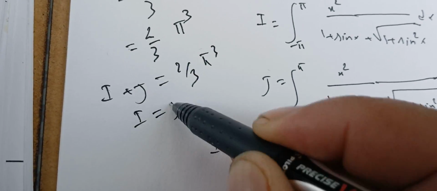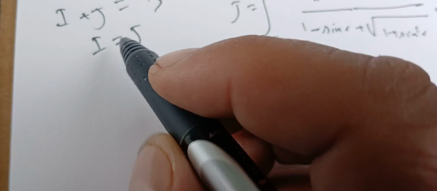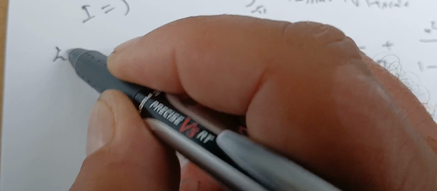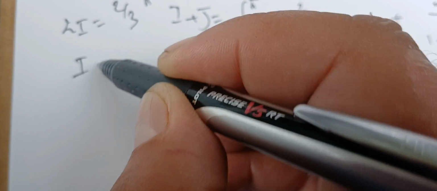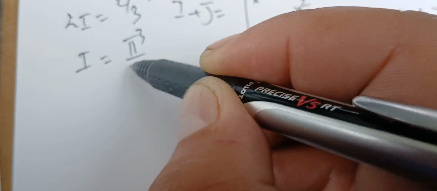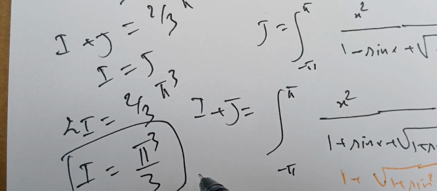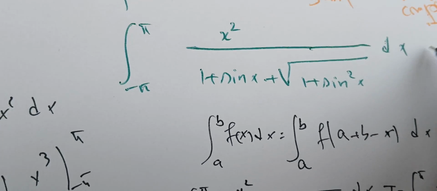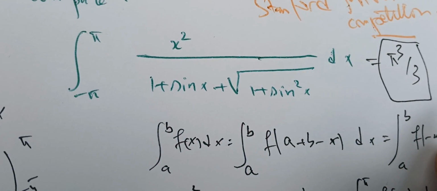But now I is equal to J, so I have 2I equals 2 over 3 pi cubed. That means I is pi cubed over 3. So this is the value of the integral, pi cubed over 3.